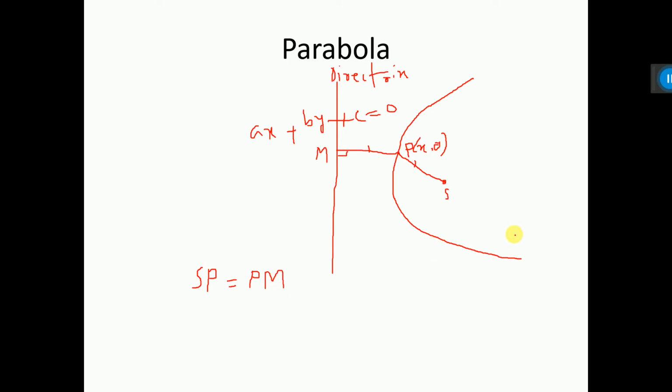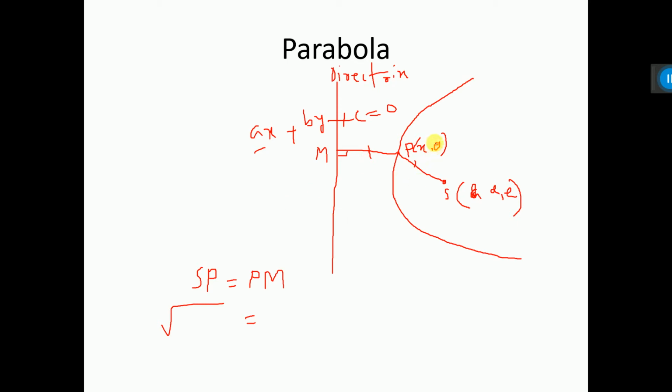Now this focus, if you consider any point, let's say (d, e), is the point. So SP distance you can find: root of (x minus d) whole square plus (y minus e) whole square. And PM is the perpendicular distance.